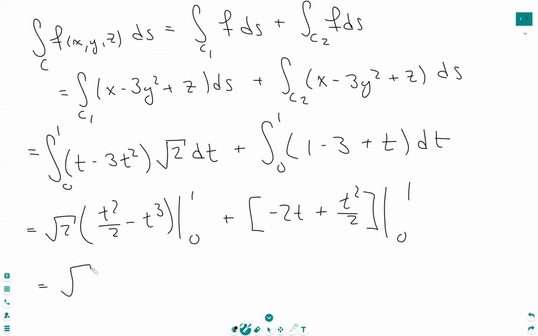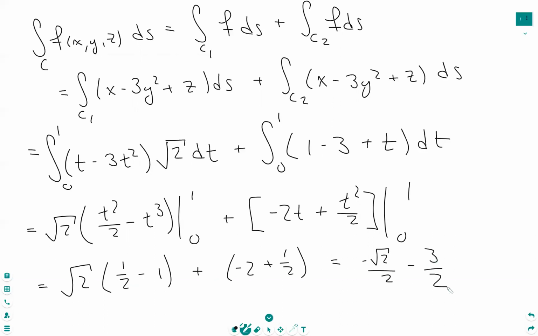So this gives us a root 2, 1/2 minus 1 plus a negative 2 plus a 1/2. This ends up giving us a negative square root of 2 over 2 minus 3/2.